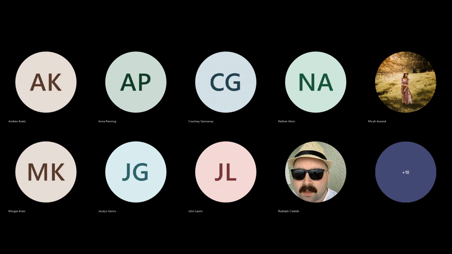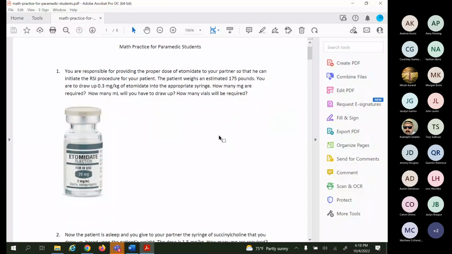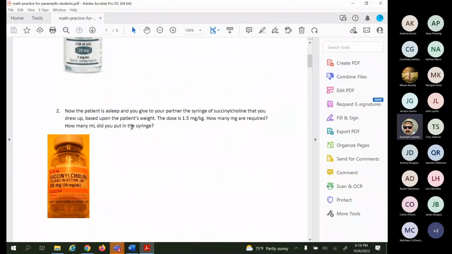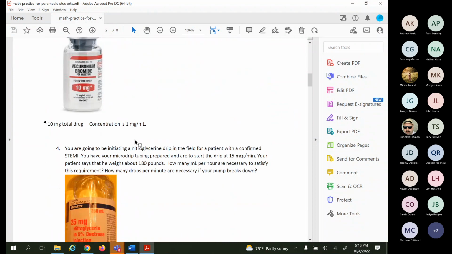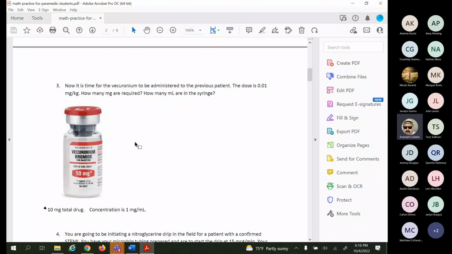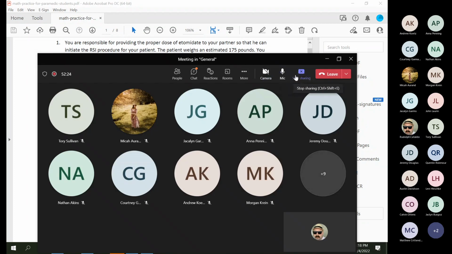All right, so first problem here, number one. Actually, let's do number one. Okay, so everybody can see that etomidate right there, right? No issues. Everybody's all good with that?